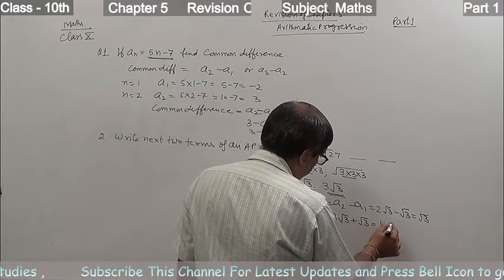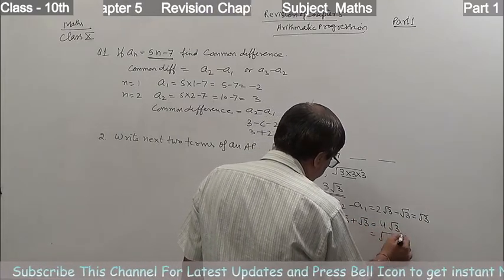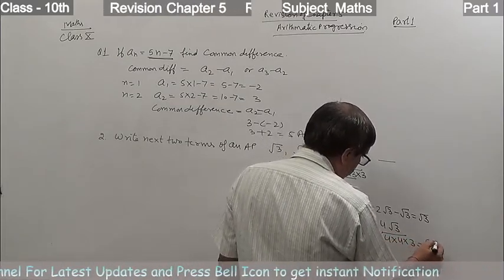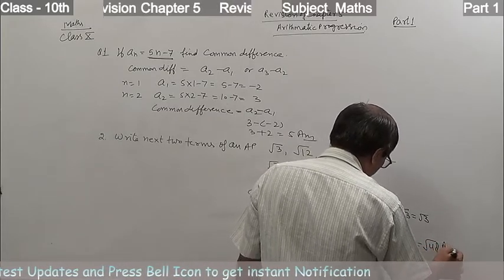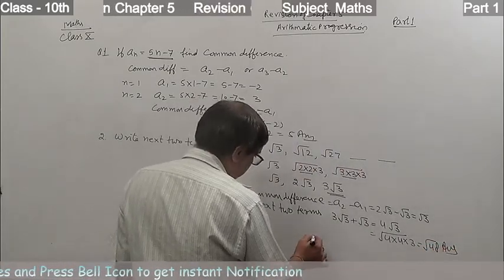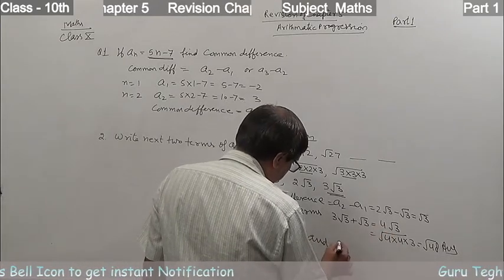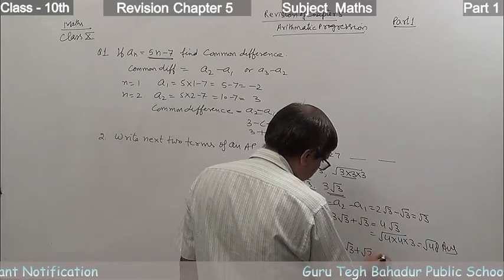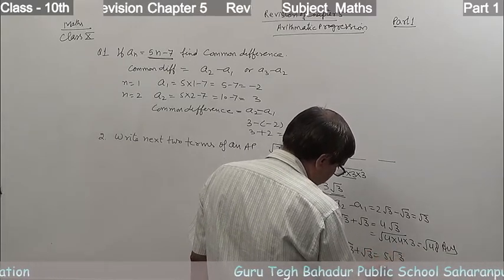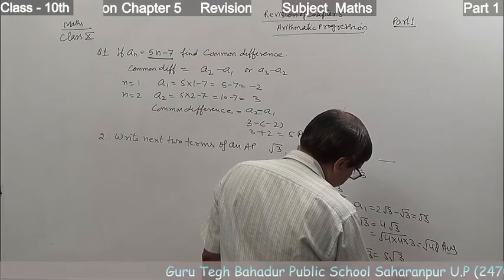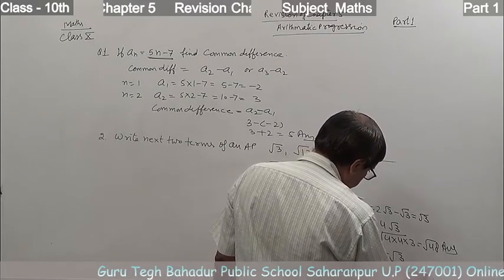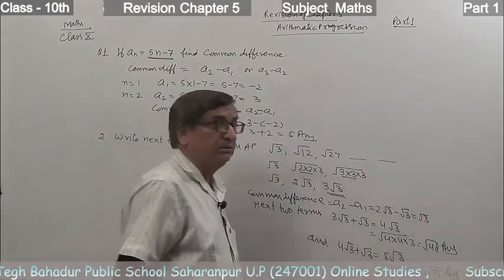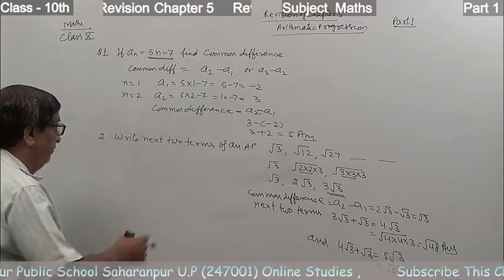So, it becomes 4 root 3, and it is written as root of 4 into 4 into 3, that is equal to root 48. And 4 root 3 plus root 3 becomes 5 root 3. So, it is written as root of 5 into 5 into 3, so it becomes root 75. So, these are the next two terms of this AP.